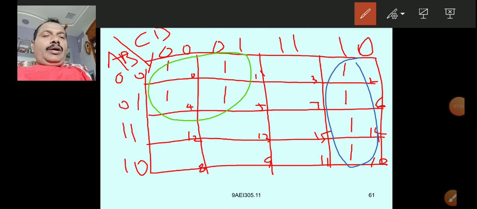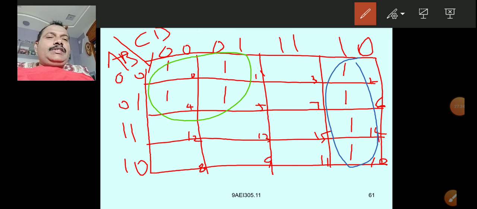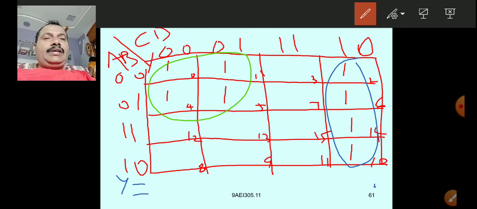Okay, now let us write a simplified solution, because K-map gives us a single step solution for the given Boolean expression. So let me write y equals to, let us consider this first group. First, you have to write for the row side.